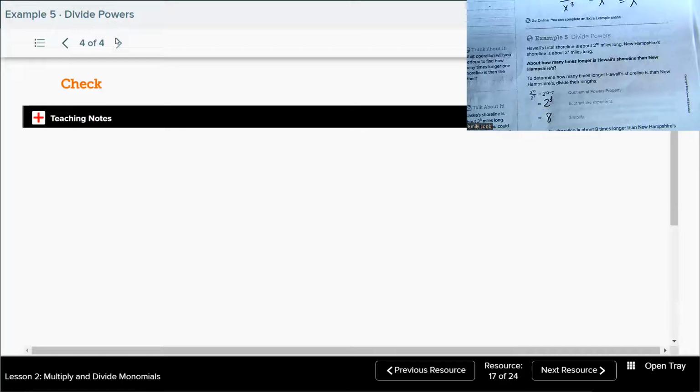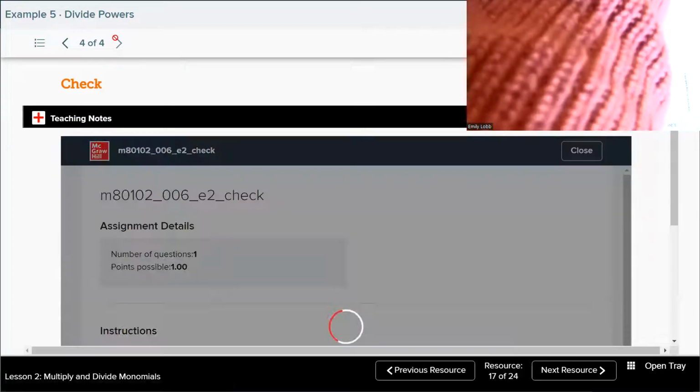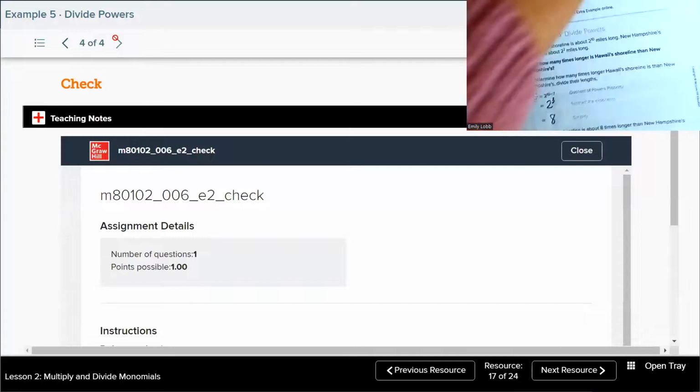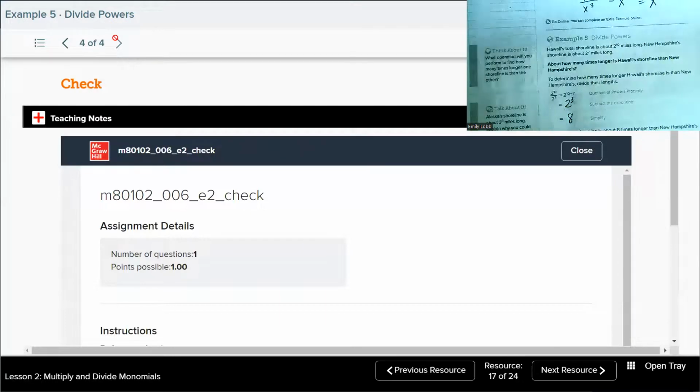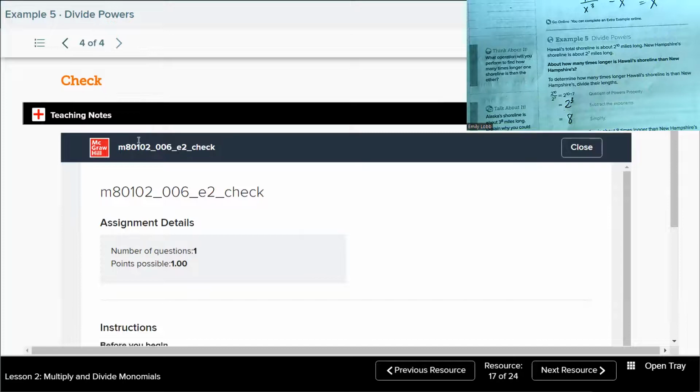Here's your check. You can do it, you just can't do it using the quotient of powers rule. I would have to figure it out, right? I have to put in 3 to the 8th power and then divide by 2 to the 7th power. Okay?